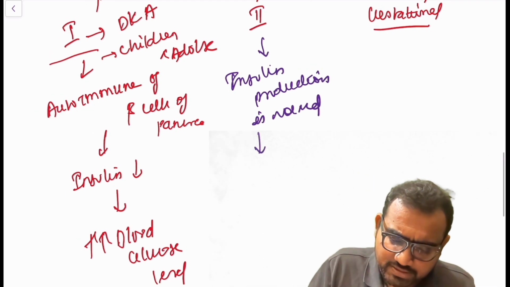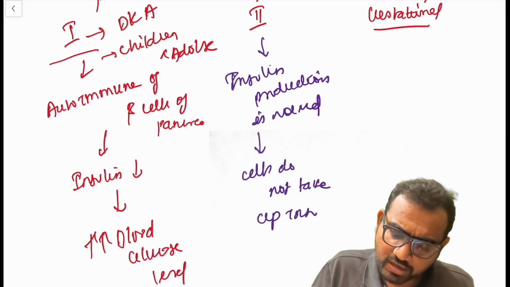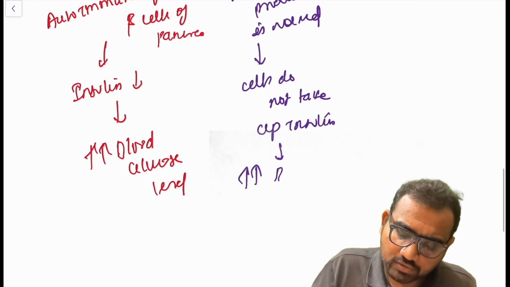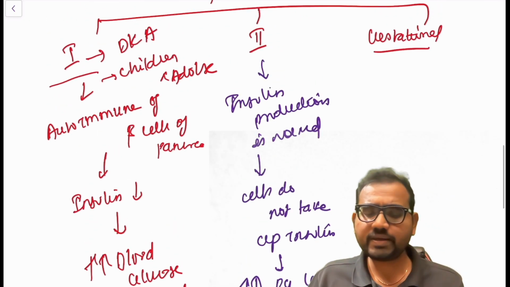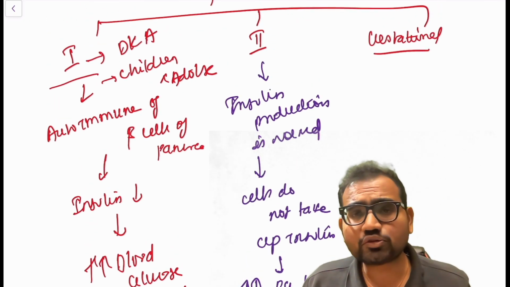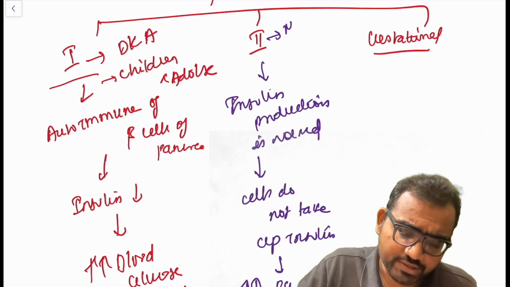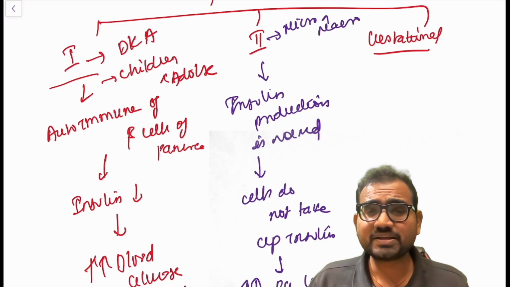So obviously there's going to be increased glucose levels in blood. This is what is happening in type 2 diabetes mellitus. The major complications will be micro and macrovascular complications.